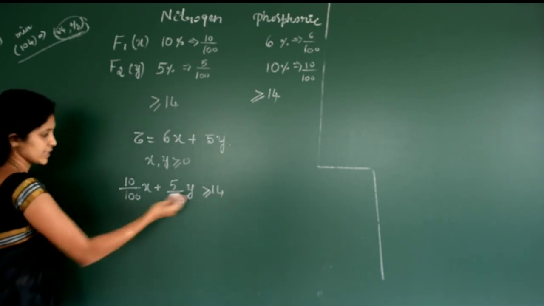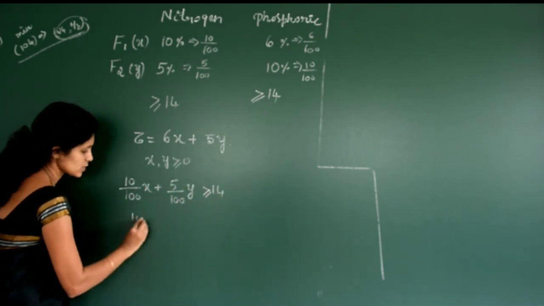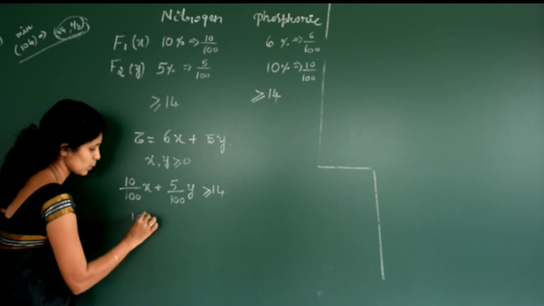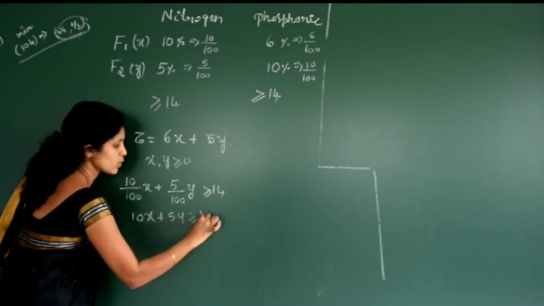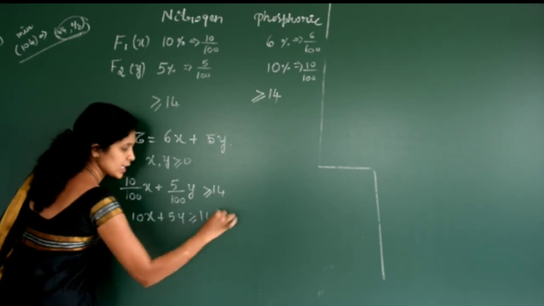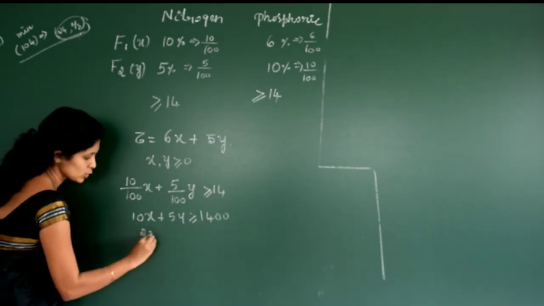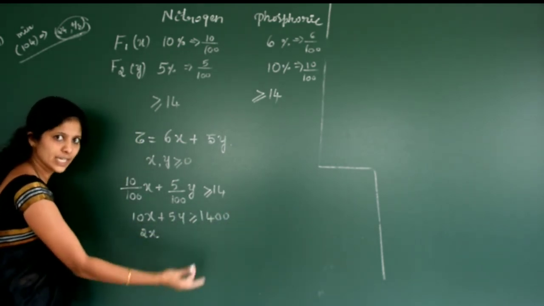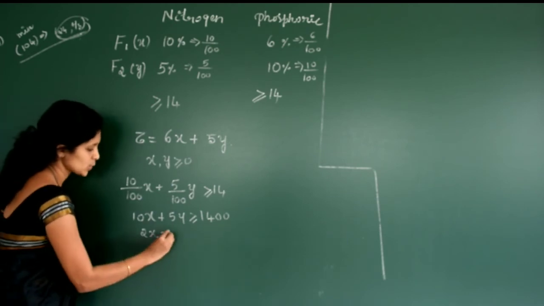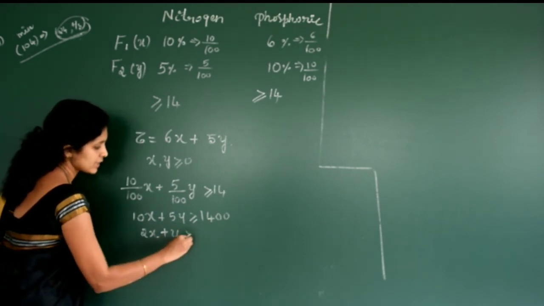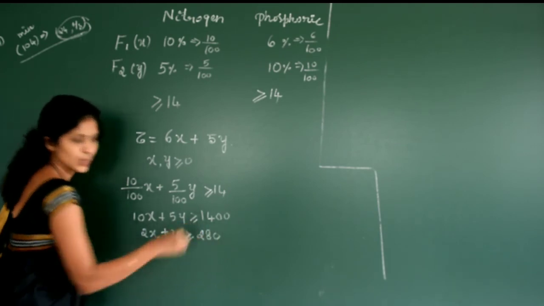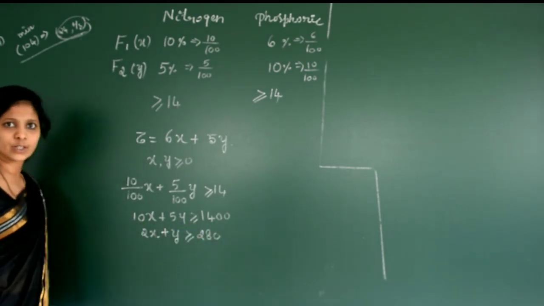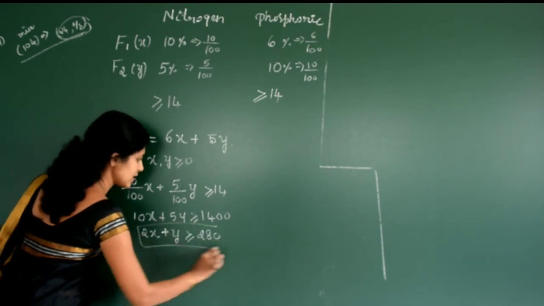We can simplify this. We'll take 100 as LCM. 10x plus 5y is greater than or equal to 1400. If you divide by 5, we can divide an inequality by a positive number: 2x plus y should be greater than or equal to 280. So this is one constraint, right?